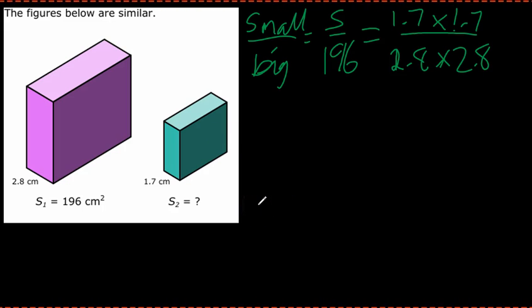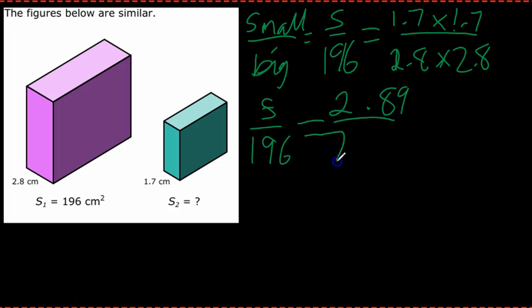So S over 196, put this here to remind us that this is S. 1.7 times 1.7, try that, we get 2.89 over 7.84.